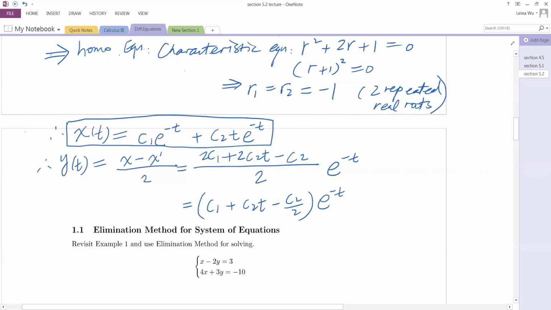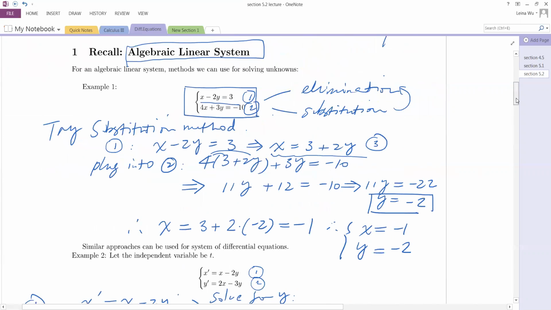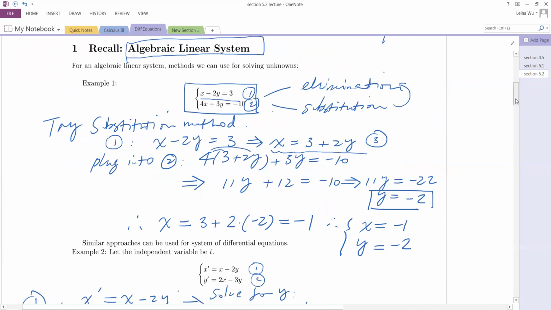But anyway, these two are going to be the solution to the system, right? Are these two problems fine with you guys? Yeah. I think the system is similar to one system that we talked about last time when we introduced the system of equations. So these two problems, basically we used substitution method, right?